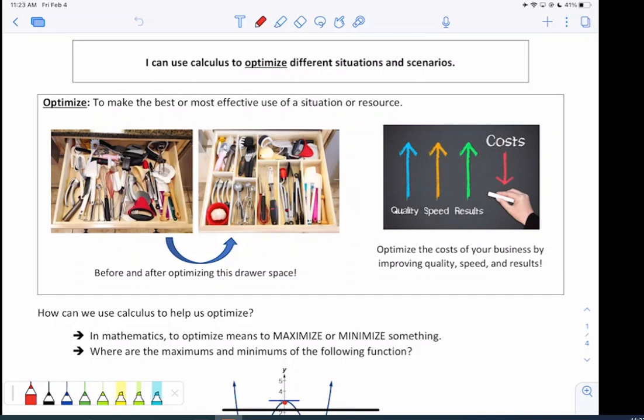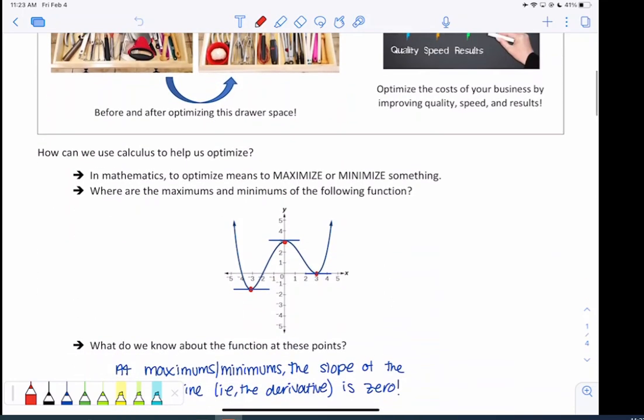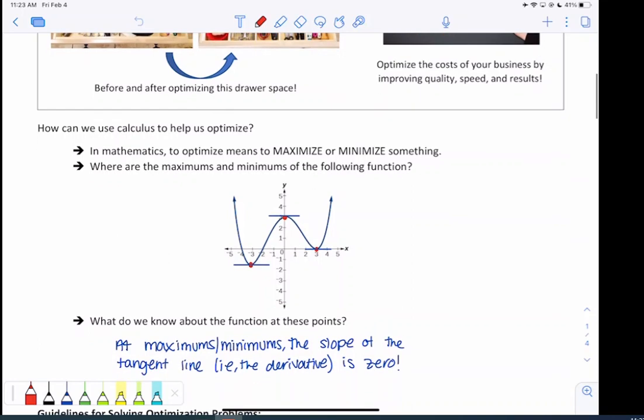That can mean maximizing, like I might want to maximize the space that I have or maximize the time that I'm spending on something. Or it might mean minimizing, like I might want to minimize how much I spend when I go to the grocery store. So those are two different options, either maximizing or minimizing.